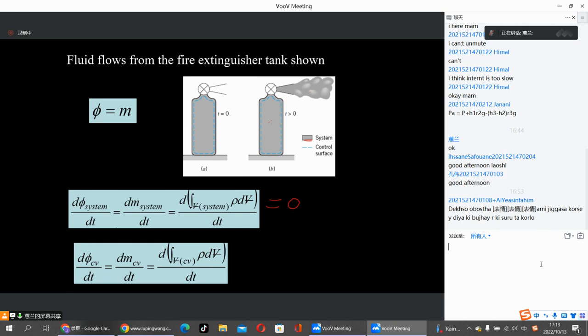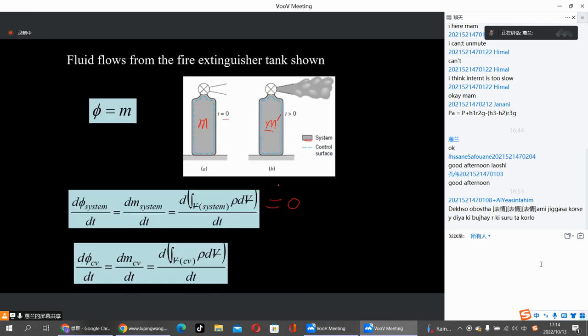However, for the control volume, the mass inside the control volume will be different from its initial moment. Why? Because here it's a fixed control volume. At the initial moment, the whole fluid is inside the tank, right? This is M. And after you have used the extinguisher, some is inside the tank, some is outside the tank. So inside the control volume, the mass actually decreased, right?